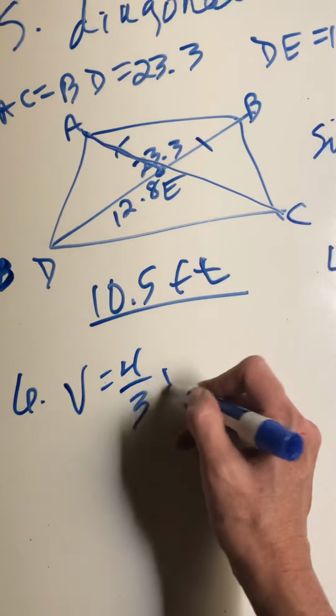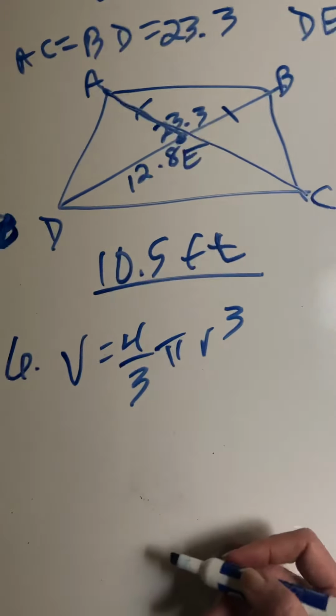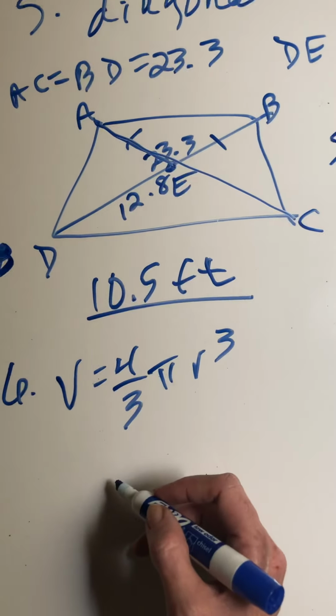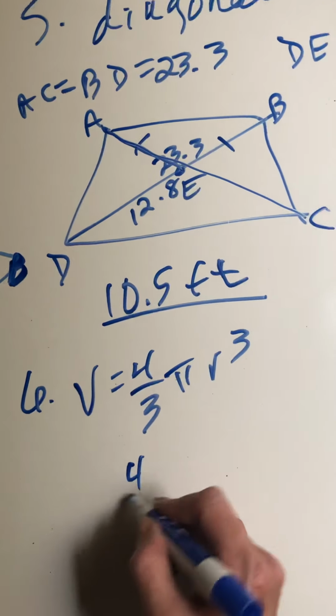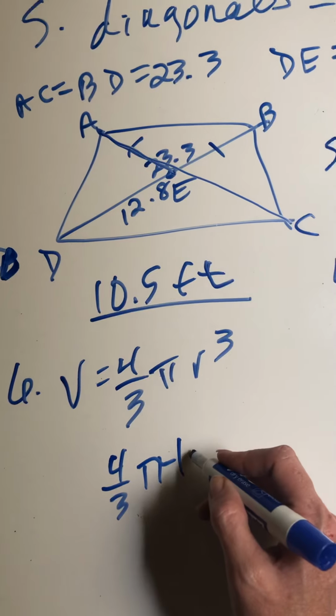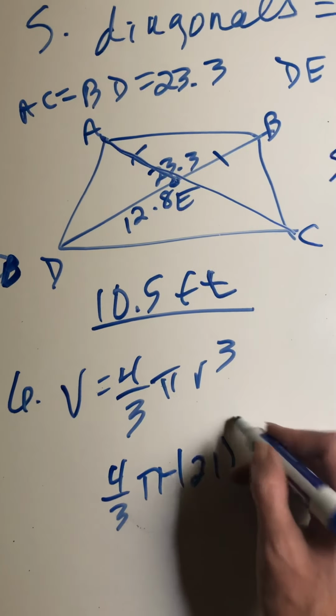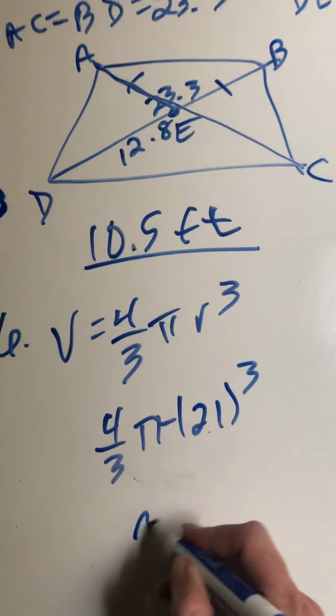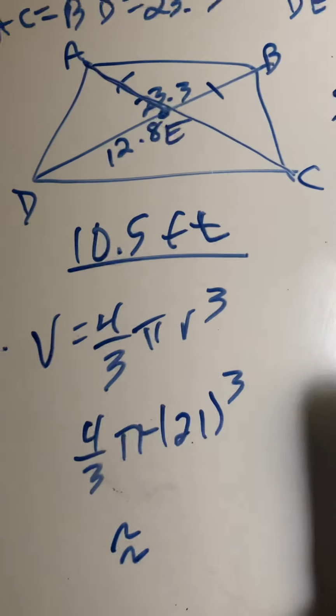Volume of a sphere is 4/3 pi r cubed. That's volume of a sphere with a radius of 21. So 4/3 pi and then 21 cubed. I would just type this in the calculator, really.